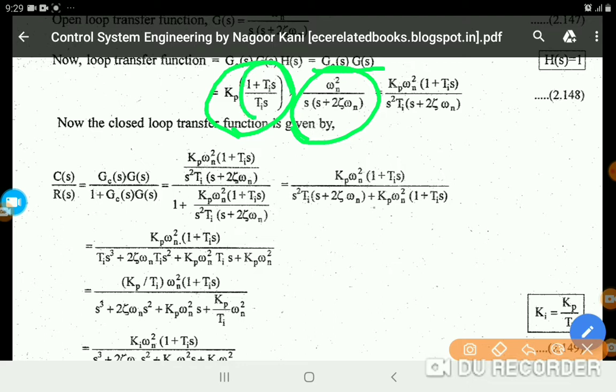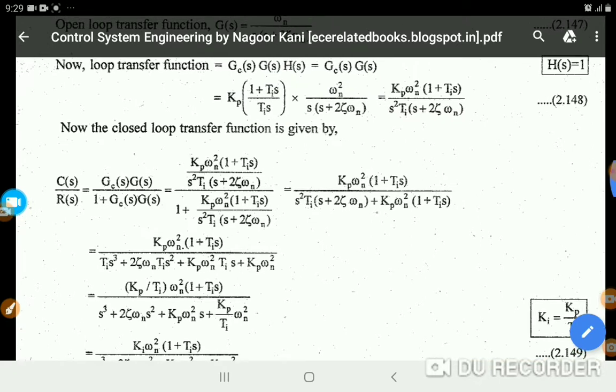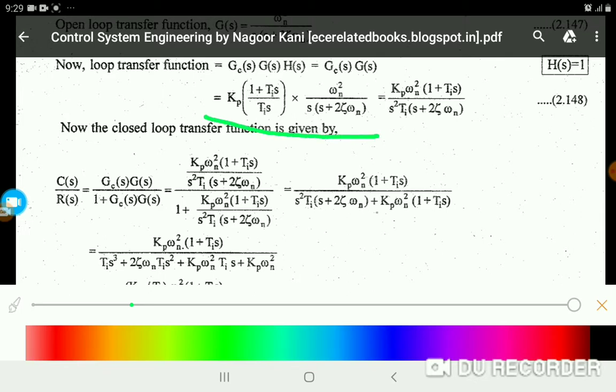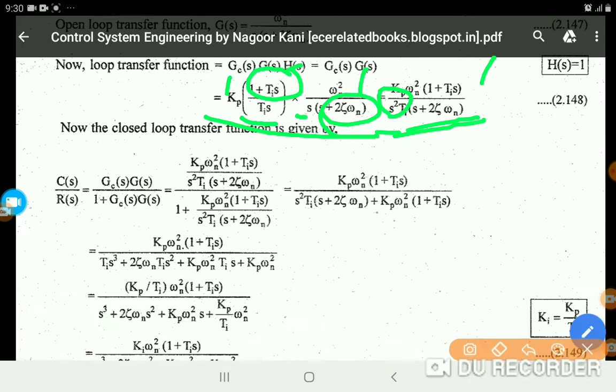It's just a multiplication: Kp omega n square in the numerator, 1 plus Ti s in the numerator, then in the denominator Ti s, here s, so Ti s square, then within a bracket s into 2 tau omega n. So simply we can put it over.